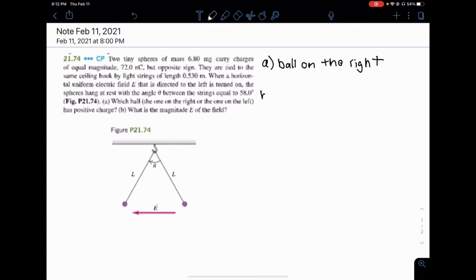For part B now, we have to find the magnitude of the electric field. The first thing we want to do is apply the equilibrium of the balls, right? That means the tension is going to be coming down the middle. This is given by the equation T cosine of 1/2 of the angle is equal to mass times gravity.